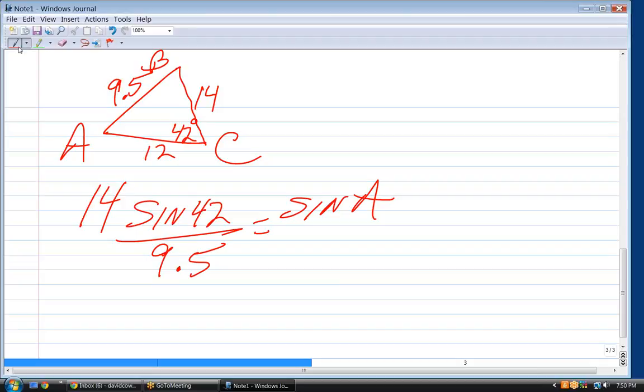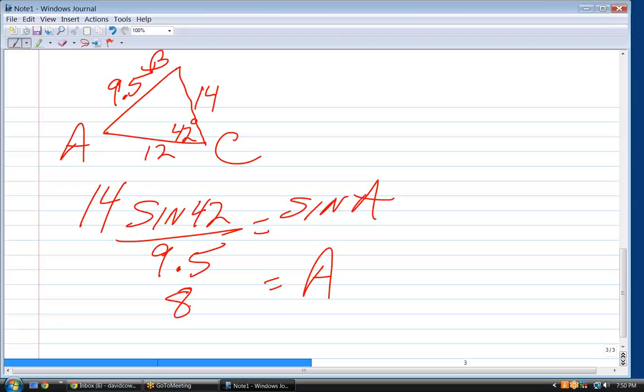Same thing. This one comes to be 9/8. Oh wait, that's the inverse. Okay, so I'll do the inverse sine of 0.98. So when I did 14 sine 42 over 9.5, that gave us 0.98.